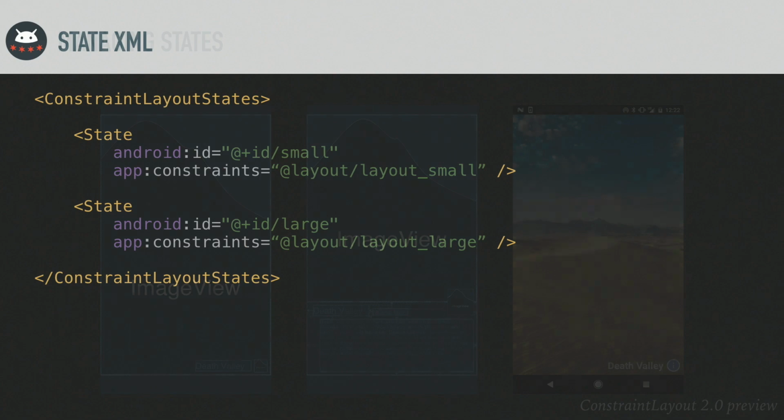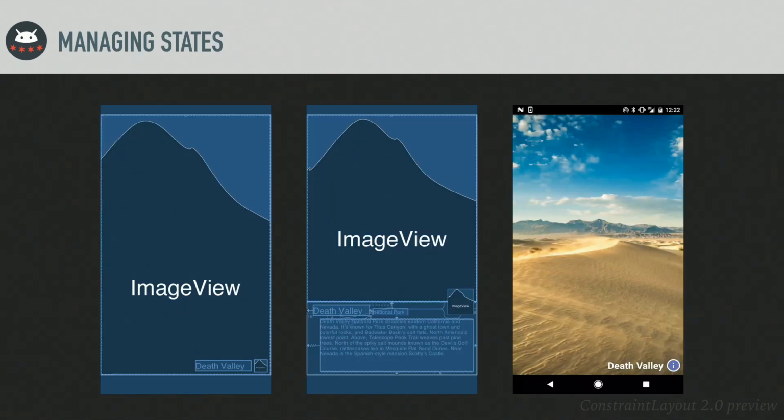Layout management. So one of the things that you've seen before, and you've seen it on several examples, is that you can take two layouts and use them with constraint sets and switch back and forth between them.